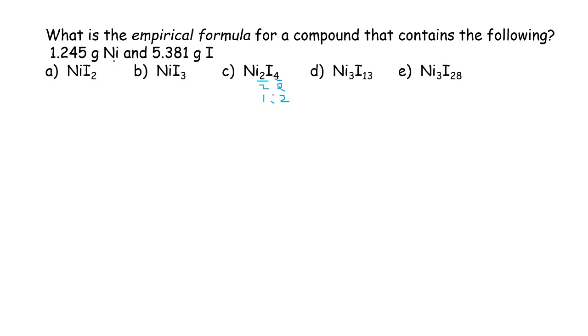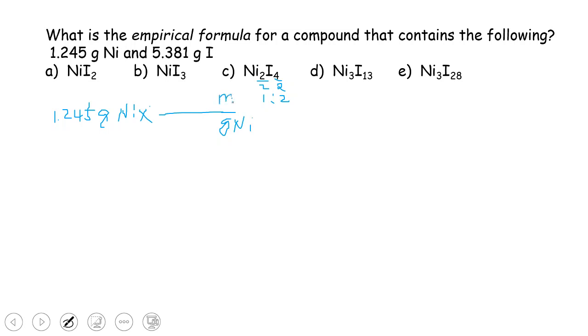We have 1.245 grams of nickel. And we are converting, using dimensional analysis, remember, we are converting from the grams of Ni, put that on bottom, to the moles of Ni.